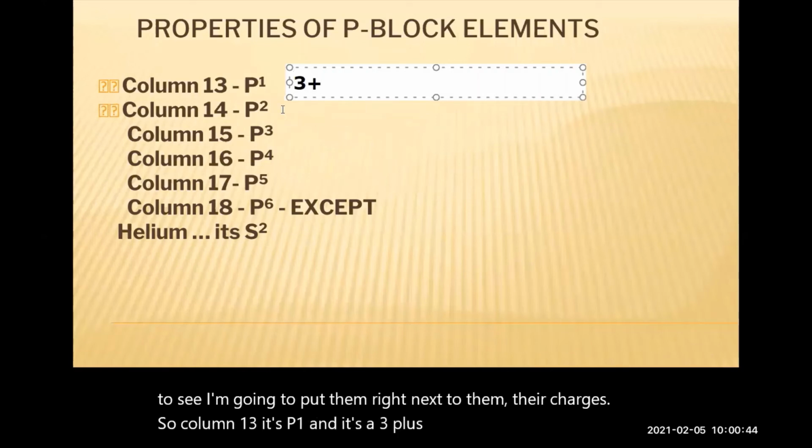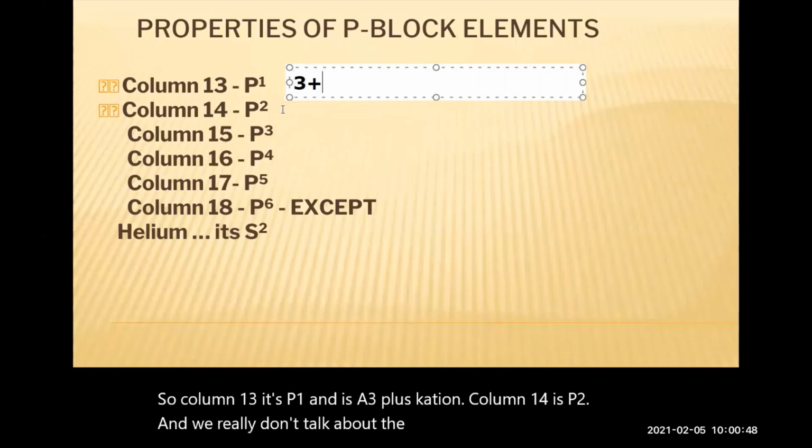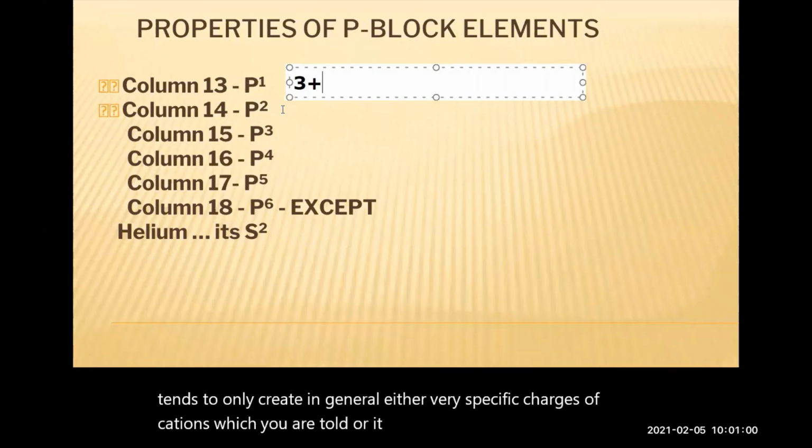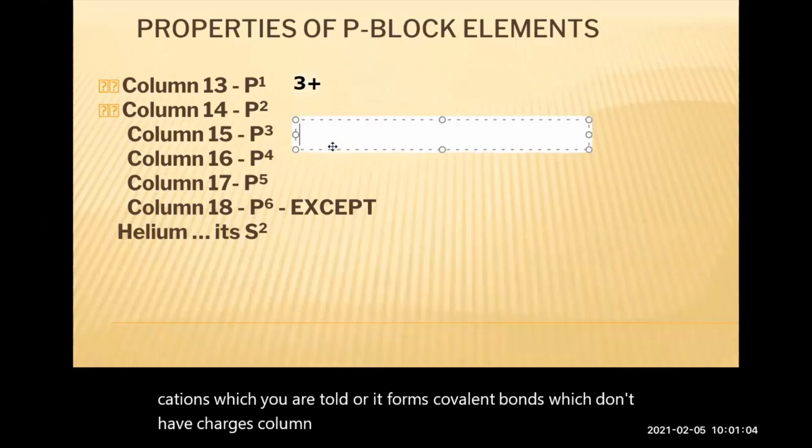Column 14 is P2, and we really don't talk about the charge of column 14 because it tends to only create, in general, either very specific charges of cations, which you are told, or it forms covalent bonds, which don't have charges. Column 15, as a rule, is P3 and has a 3 negative charge.